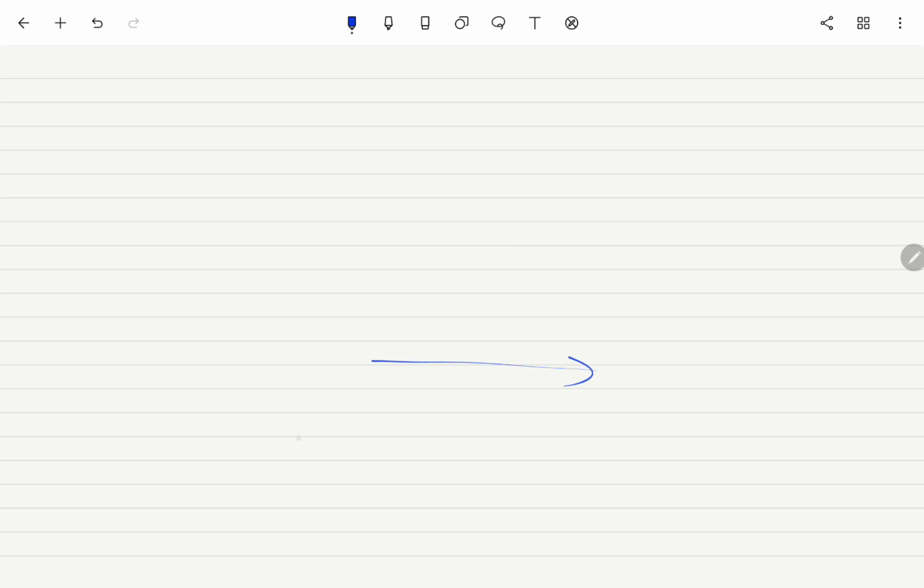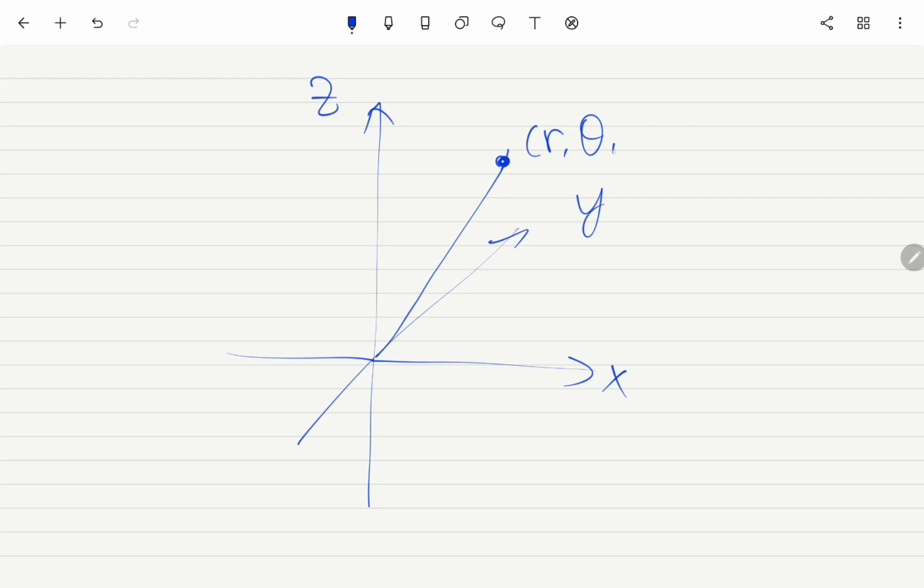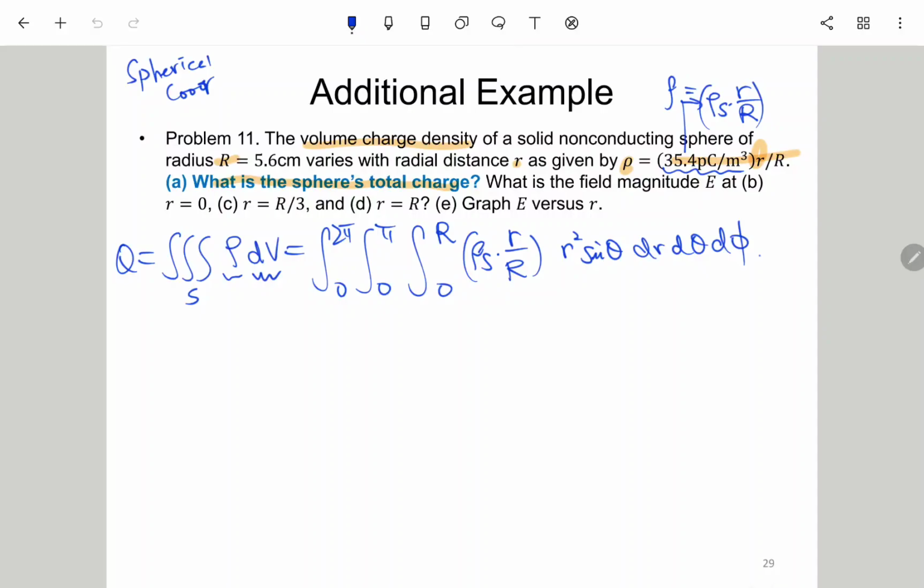As we have x, y, and z axes, and a point, we try to express this point using r, theta, and phi rather than x, y, z.